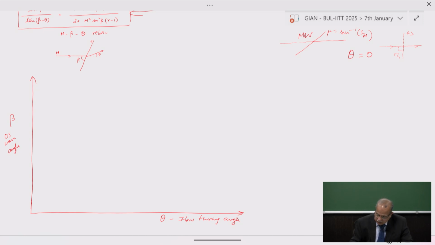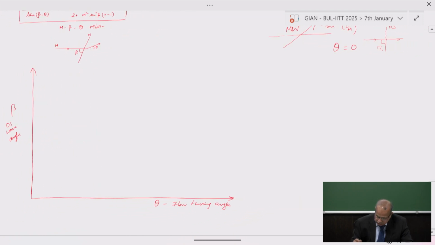Now apply that condition here. We see at this point where theta equals 0, there are two solutions possible. It could be either a normal shock wave or it could be a Mach wave, mu.